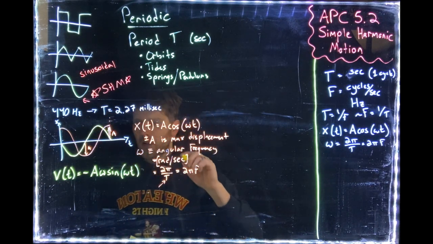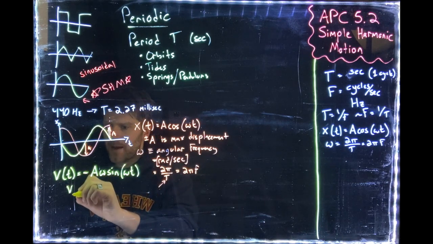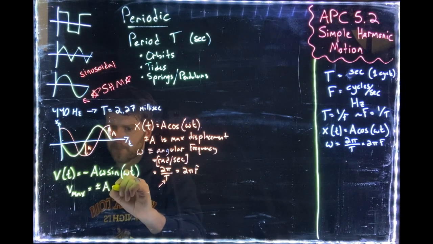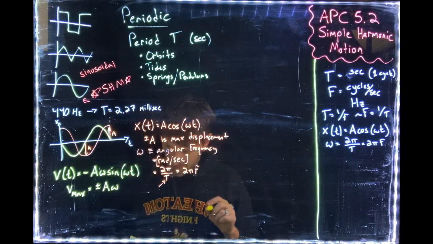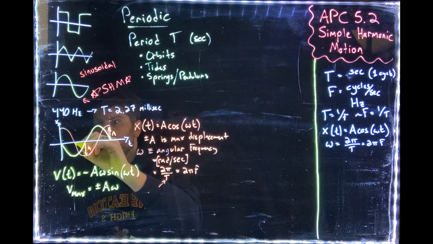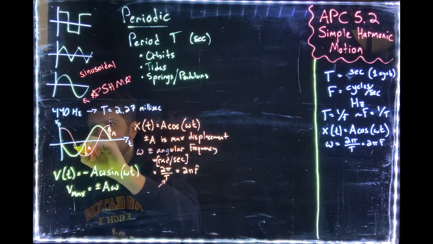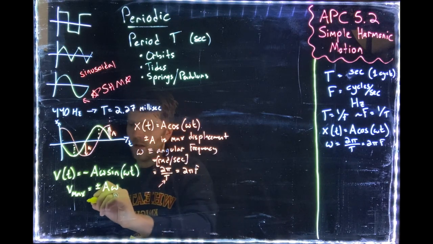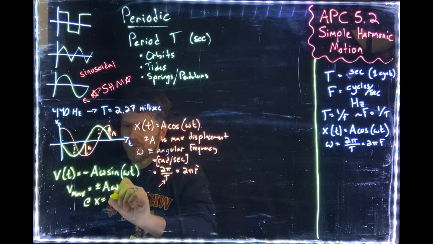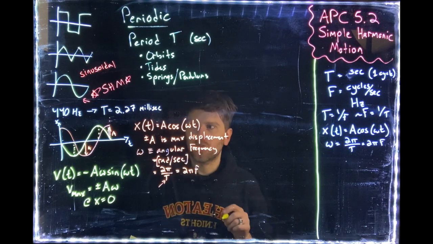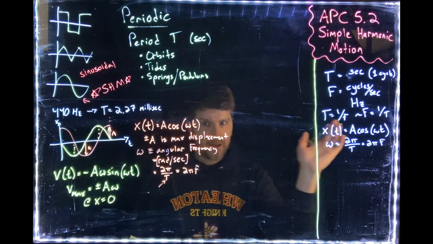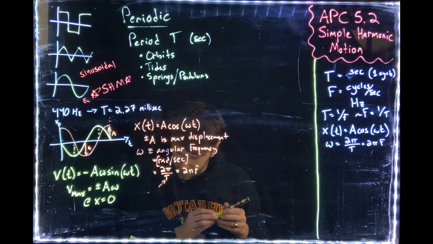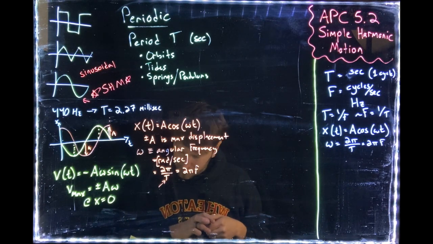It's worth noting that the magnitude of the maximum velocity is A times omega. And when does the maximum speed occur? Well, the maximum speed occurs when we're at equilibrium, when our displacement is nothing. So, if we've got something on a spring, as it's passing through the middle is when it's going the fastest. So that comes up quite a lot.